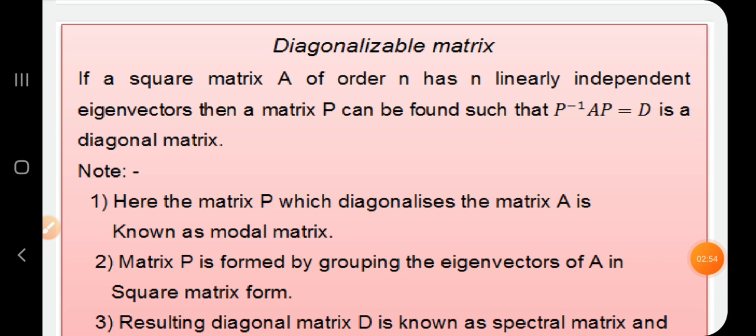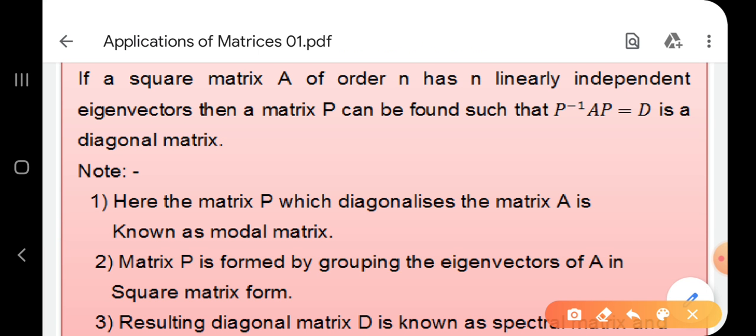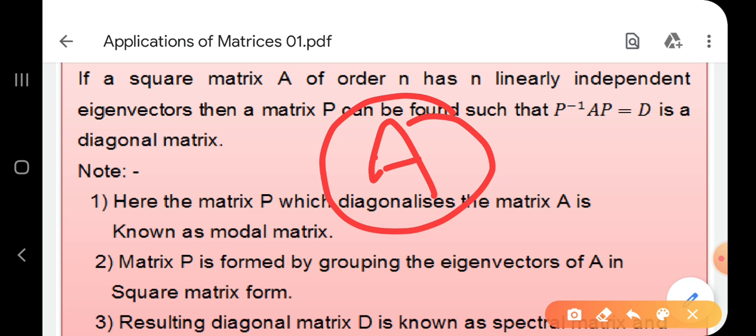Now the question comes to our mind: how do we check directly whether a matrix is diagonalizable or not? For that we require the eigenvalues lambda.